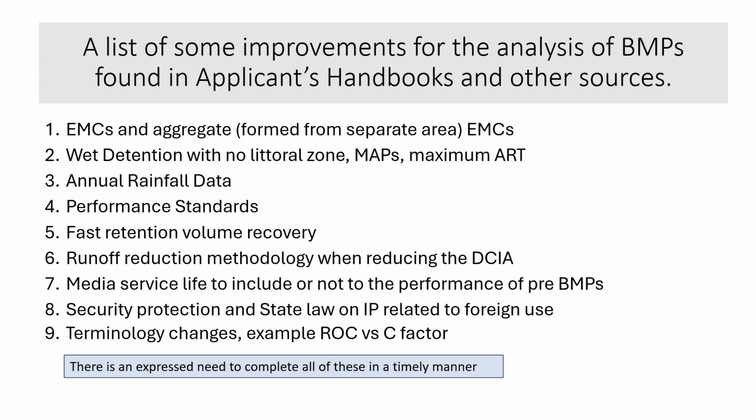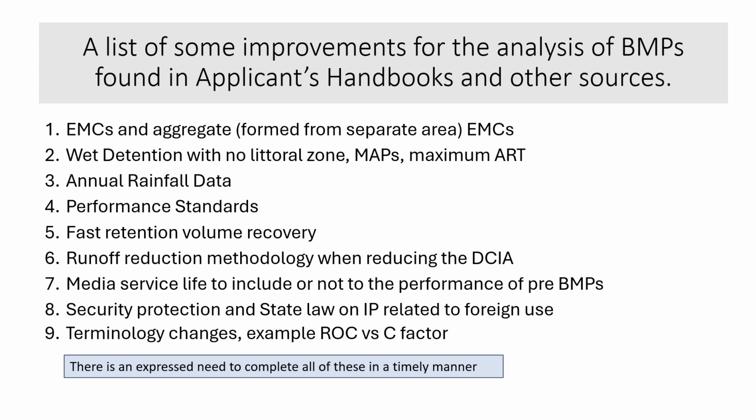Understanding the media service life within filtration systems is crucial, and this analysis must consider the performance and impact of any pre-BMPs. New considerations also extend to security protection for facilities and adherence to state law concerning intellectual property related to foreign use, ensuring our systems and designs are protected.